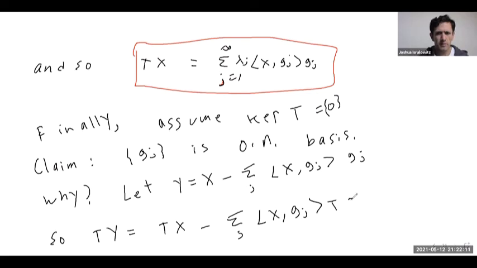Just write it. It's been a long day. So this here, remember, as we've done these three or four times, is lambda_j g_j. So this is really going to be the sum of (x, g_j) lambda_j g_j. Well, this is going to be equal to 0 because Tx is this sum. We proved that.